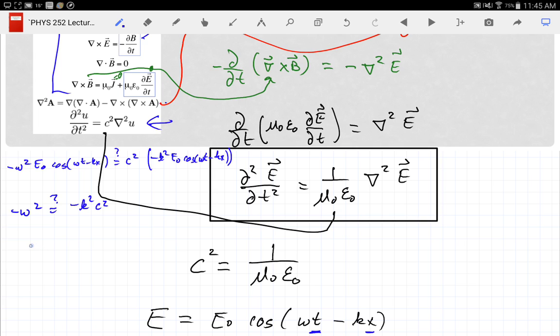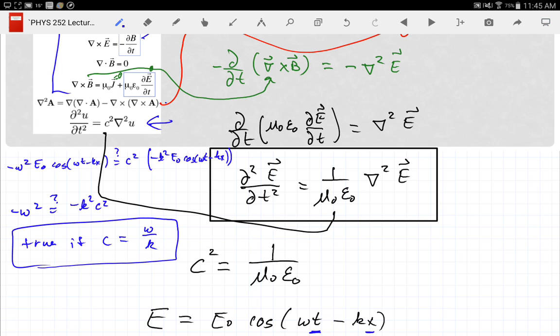Well, that is true if c is equal to omega over k. k is actually called the wave number. In this case, it's just the constant that I multiplied x by, right here, bottom of the screen. So that would be how I would test it.